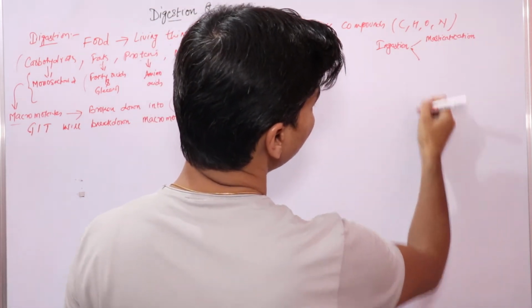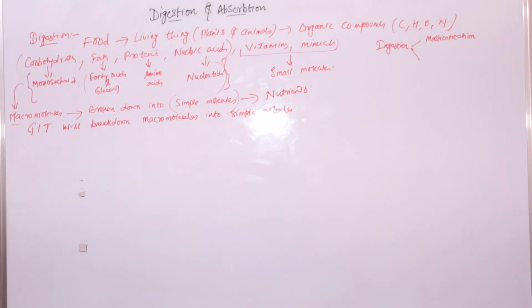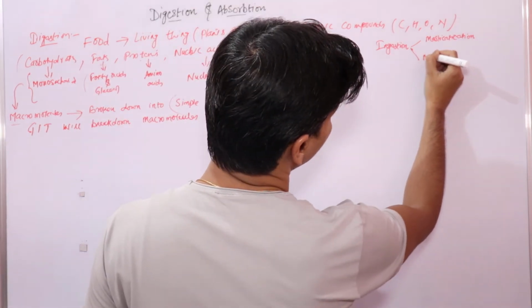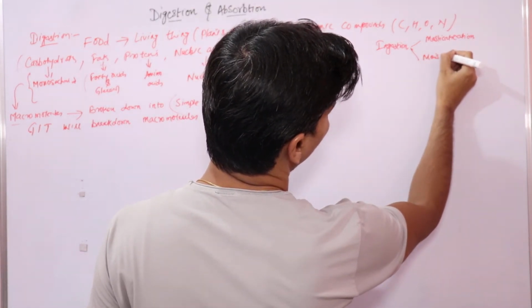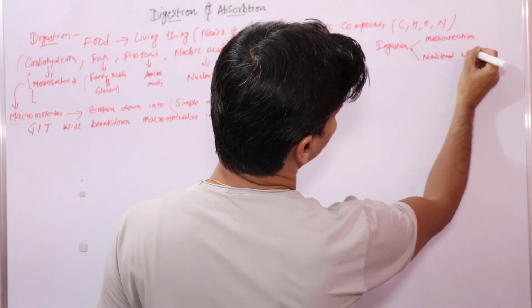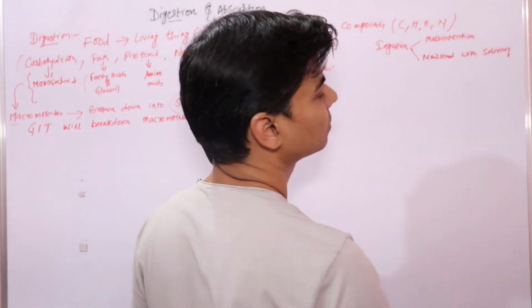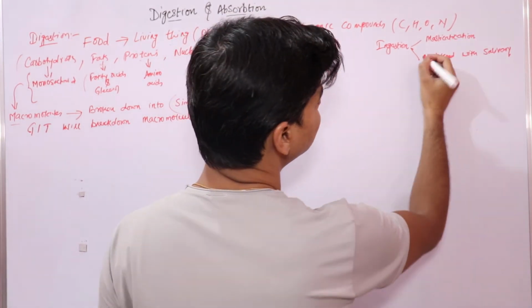The second thing in ingestion is moistening the food. When the food is inside our mouth, it is moistened with salivary secretions, with saliva.